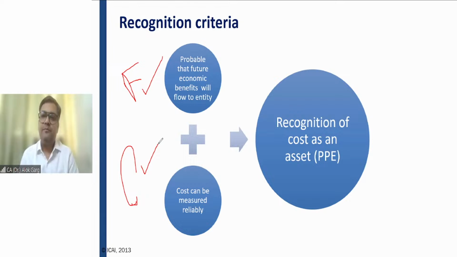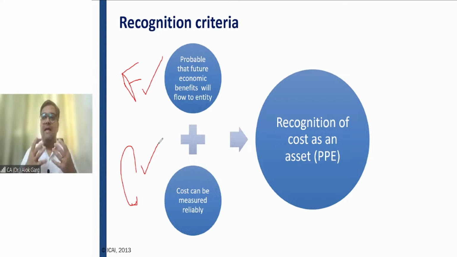Friends, for recognizing any asset, you remember when you covered the conceptual framework for financial reporting, the faculty taught you two criteria for recognition of an asset in addition to control. The first criteria is future economic benefit.